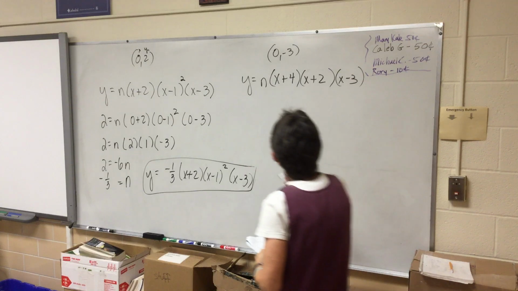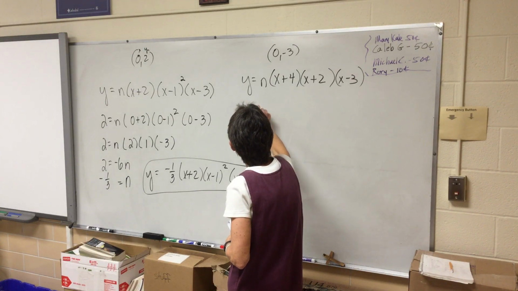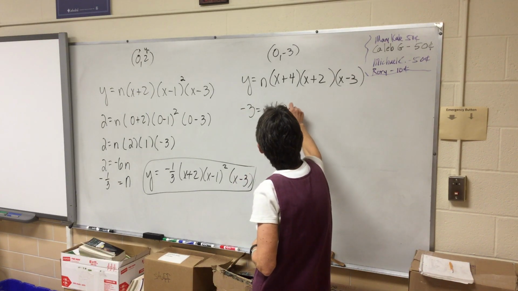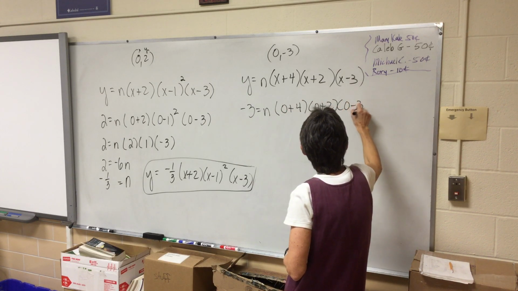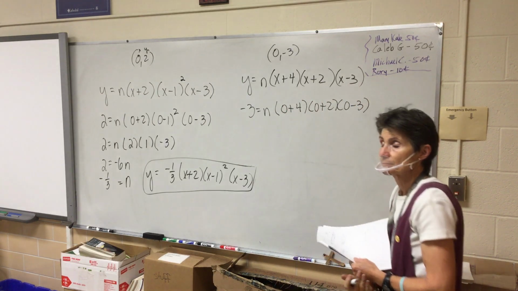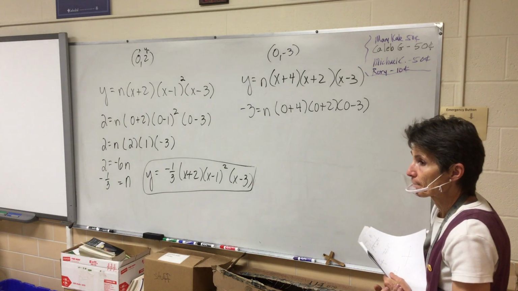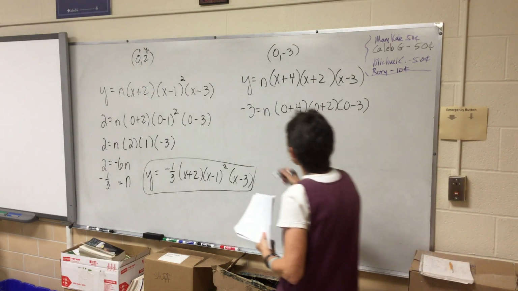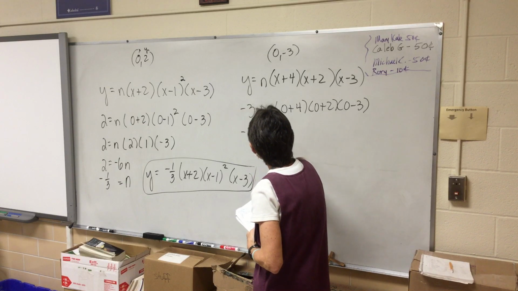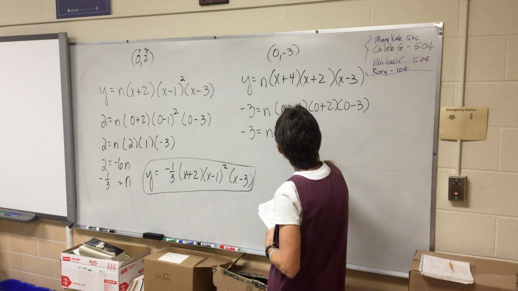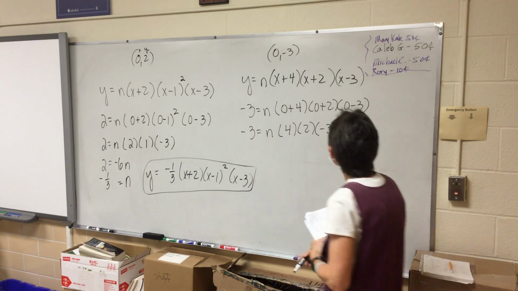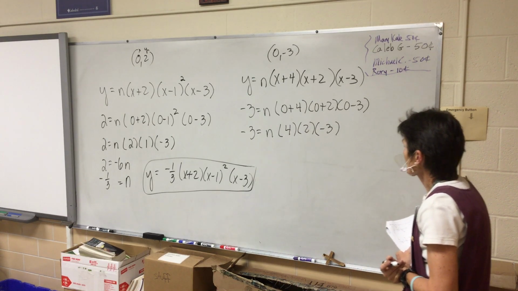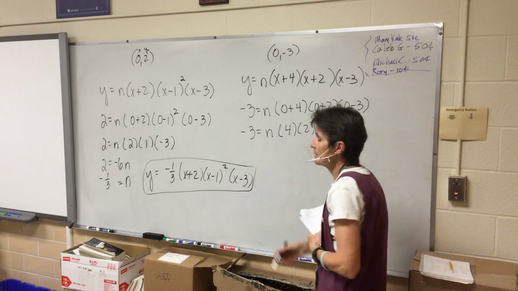All right, so here we go. Negative 3 goes in for y, and 0 goes in for all of the x's. So negative 3 equals n times 4, 2, negative 3. What's 4 times 2 times negative 3?